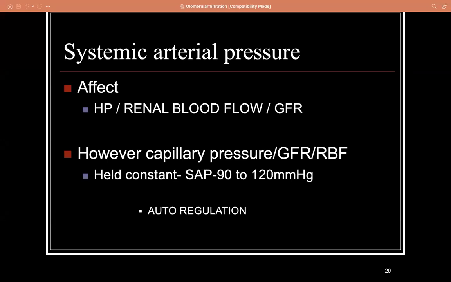On average, in one day, you should produce about between 1,500 and 2,000 mils of urine. That's what you should produce. That is the rate of production. That's the rate at which the bladder fills. And therefore, on average, you will pass urine about 3 or 4 times in a day because the bladder capacity is between 400 and 500.